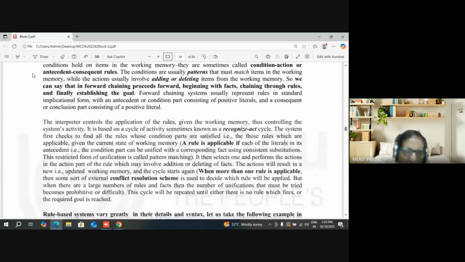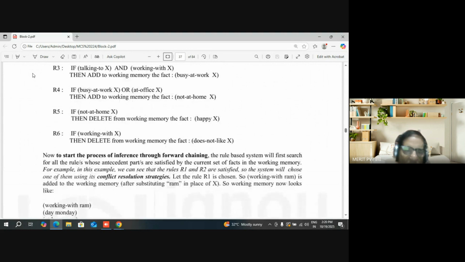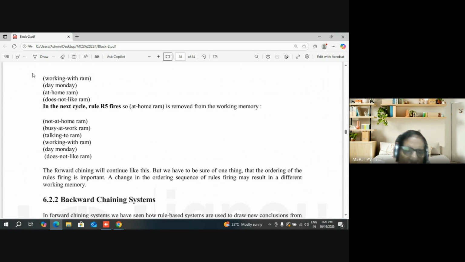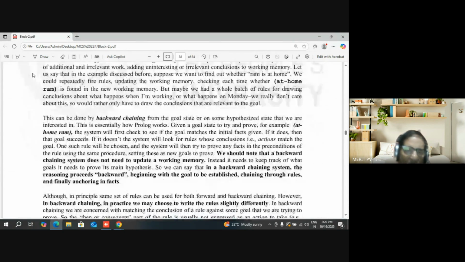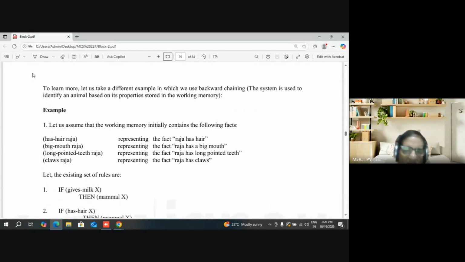Forward chaining system आपने करा है, backward chaining करा है. Backward chaining system that we talked about. Radha has hair, Radha has big mouth, Radha has long pointed teeth, Radha has claws.